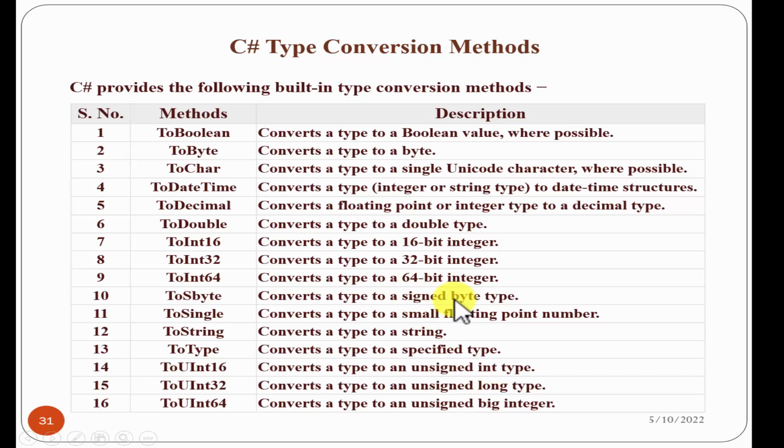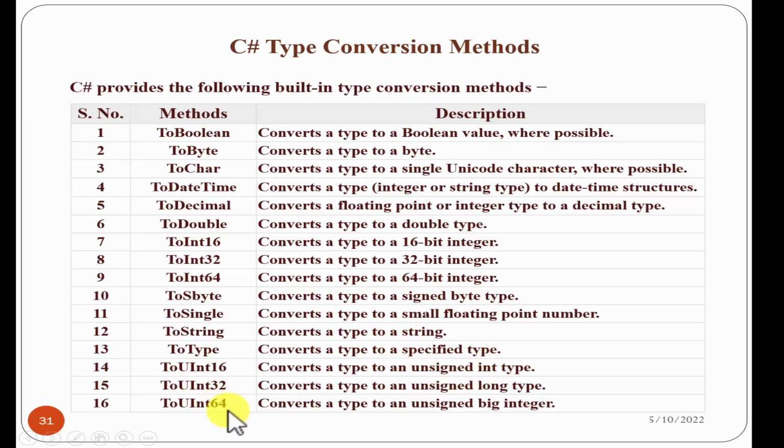In signed, both negative and positive values can be held, but the range is the same for signed or unsigned. Only the values change from negative to positive, and here all the values must be 0 or positive numbers.